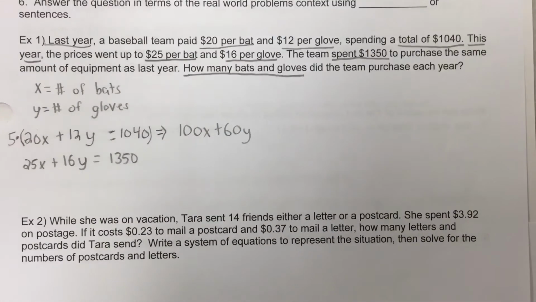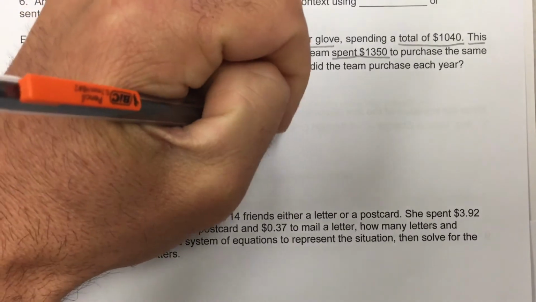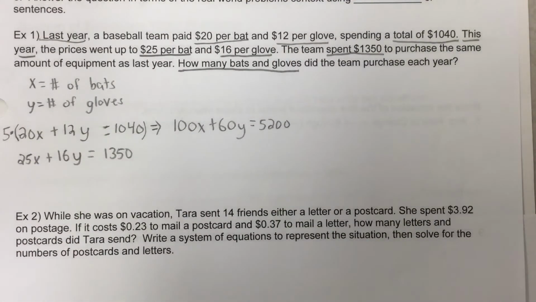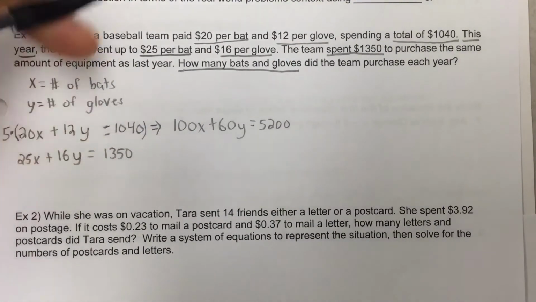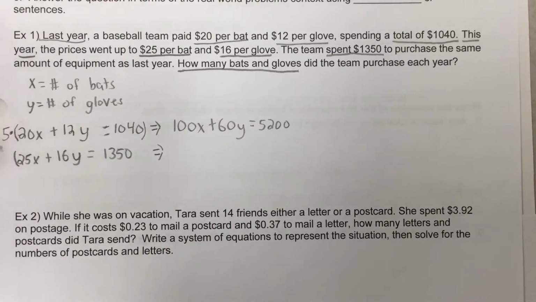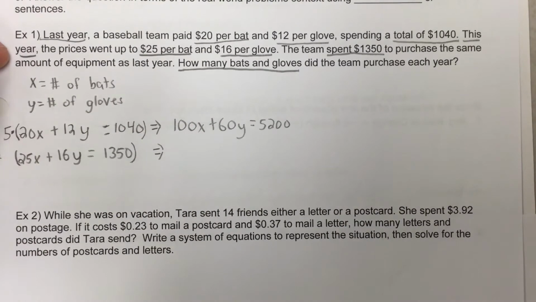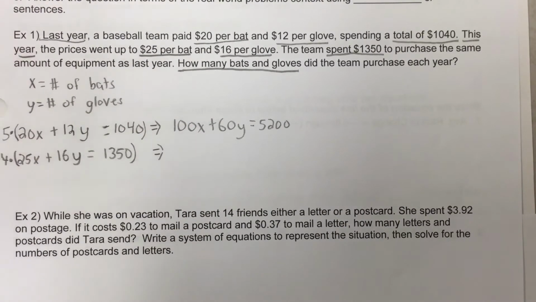And 5 times 1,040 is 5,200. Now, since I made this 100x, in my next step I need to have negative 100x. The way I can make that negative 100x is by multiplying by negative 4.